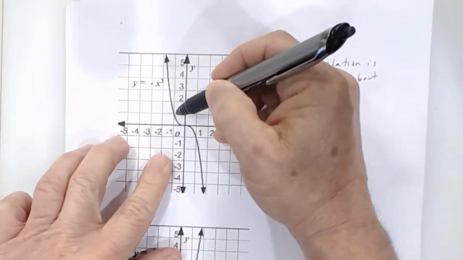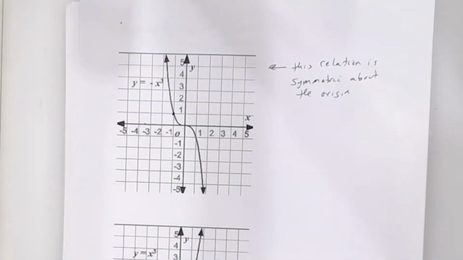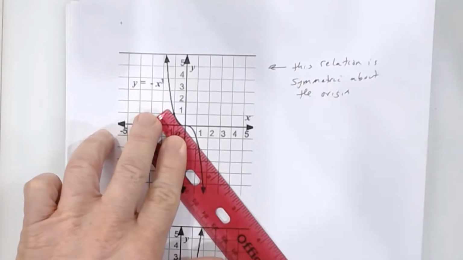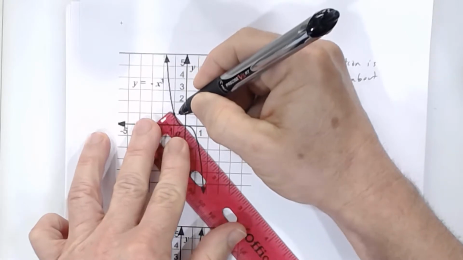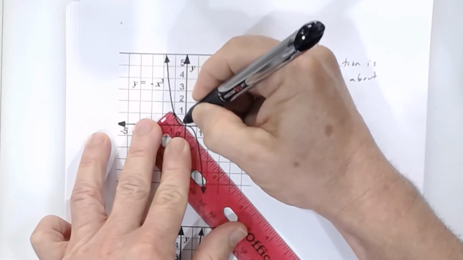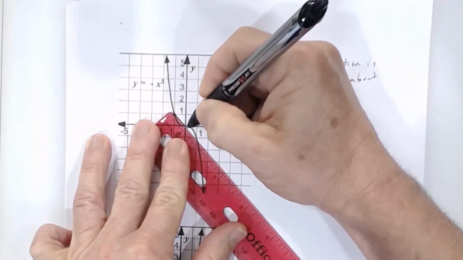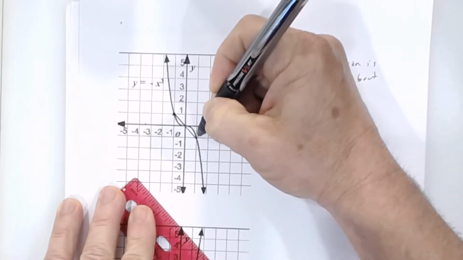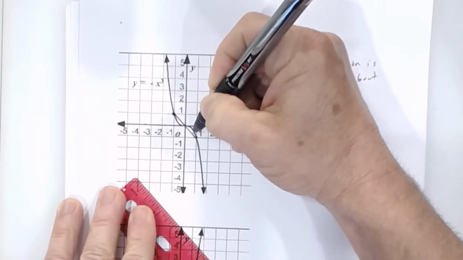So if we talk about the origin instead, let's say I take this point right here, and I reflect it about the origin. Remember we were talking about distances with respect to the y-axis? So let's look at this distance from here to the origin, and then I keep going that same distance. What do you notice? When I reflect about the origin, I get this point here, and the distances are the same.